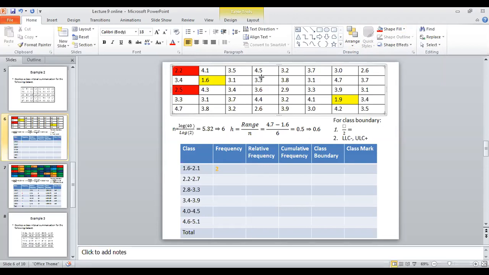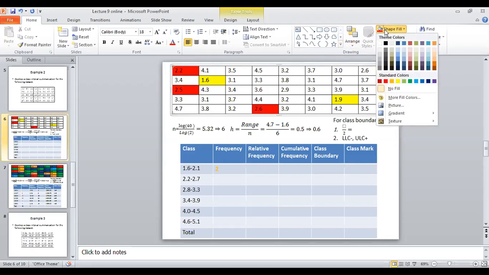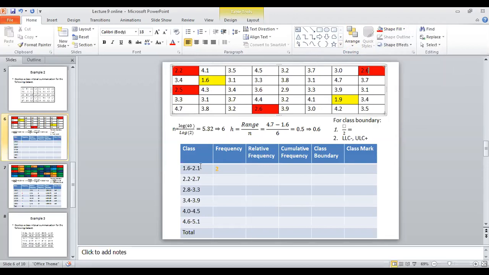In the third, 2.6 comes out to be here. Then there's no value, and in the second last column, and then in the last column we have got one value, so it's 2.61. So the frequency is 4 for this class.